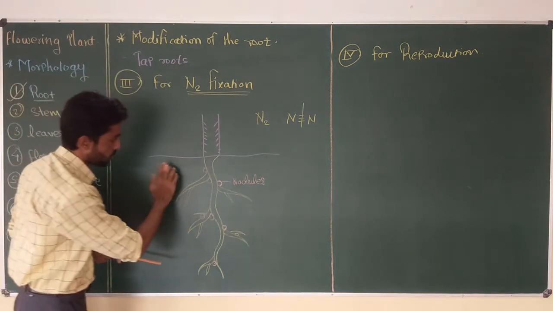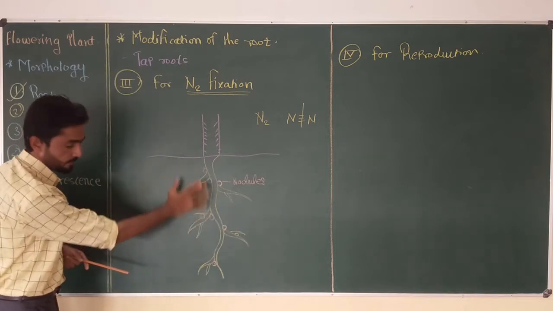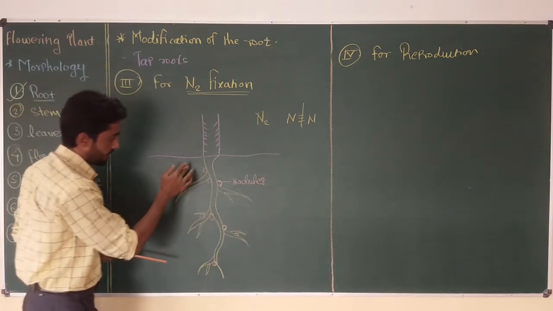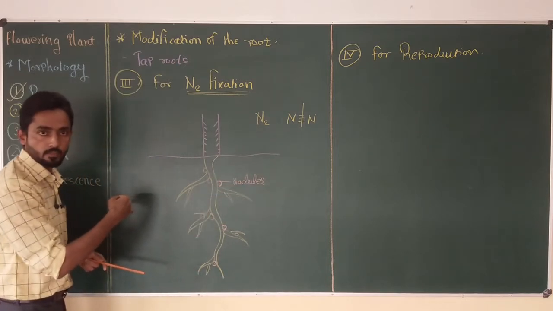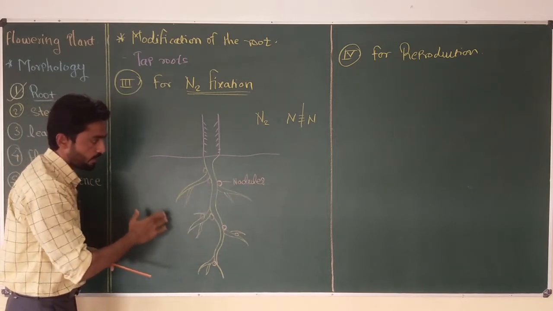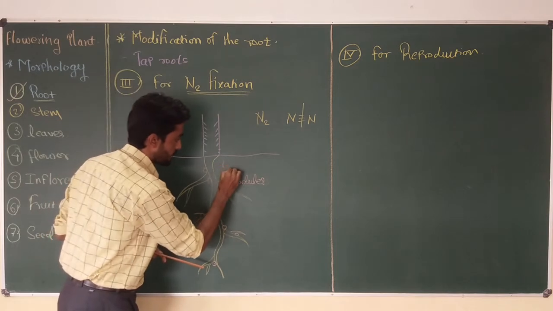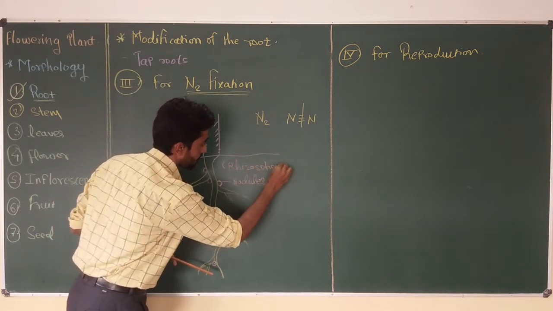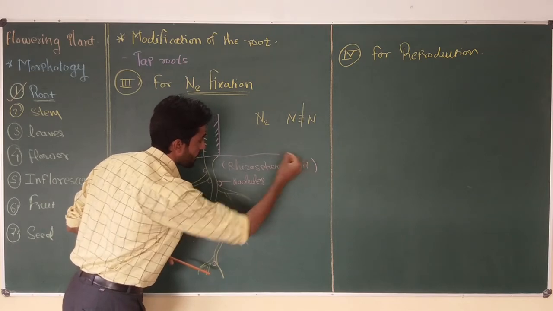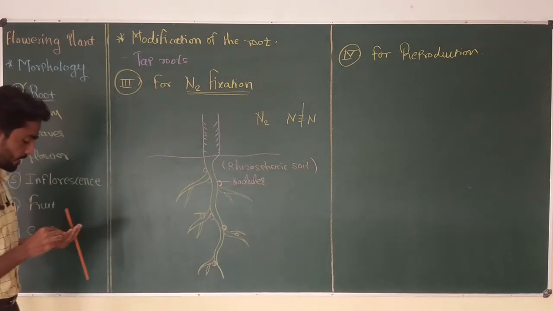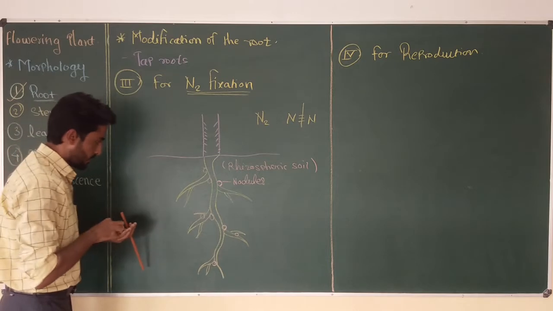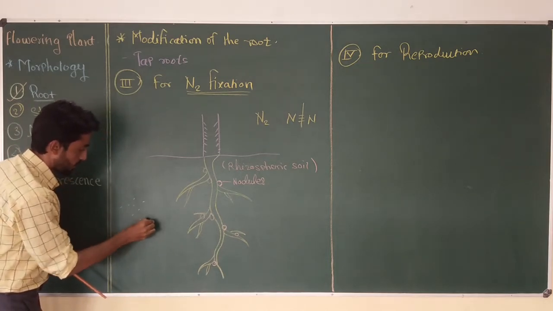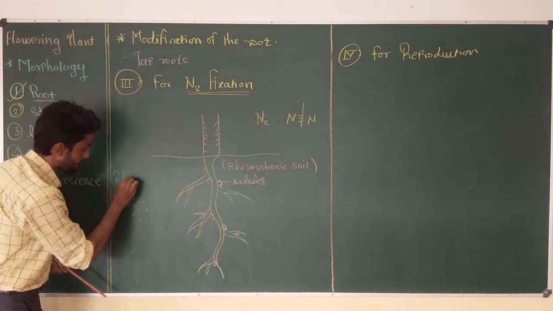So we know that the soil around the root, taproot or adventitious root, is called rhizospheric soil. The area of the soil around the root is called rhizospheric soil. And this rhizospheric soil sometimes may contain a special type of bacterial cells, or bacteria, called rhizobium.